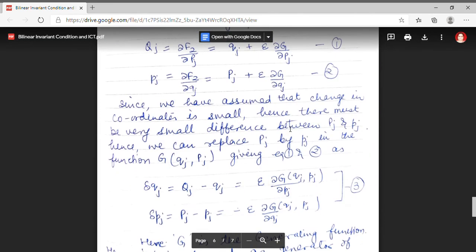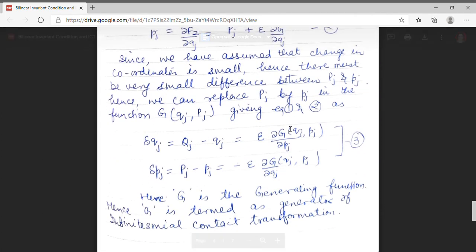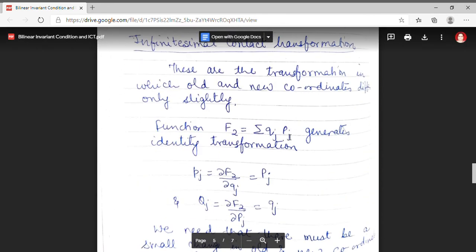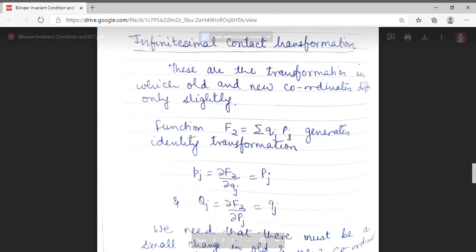So, canonical transformation can be obtained by two methods: the bilinear invariant condition or the exact differential condition, and the other problem is that of infinitesimal contact transformation. Here the generating function will be changed from F to G, and the old and new coordinates are not exactly the same but differ only slightly.